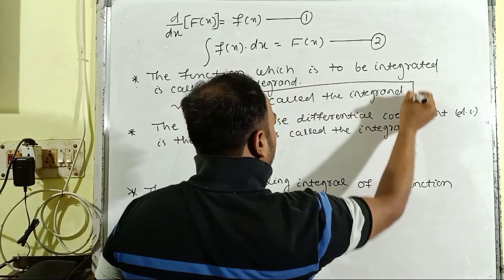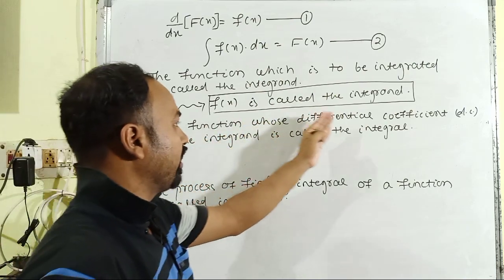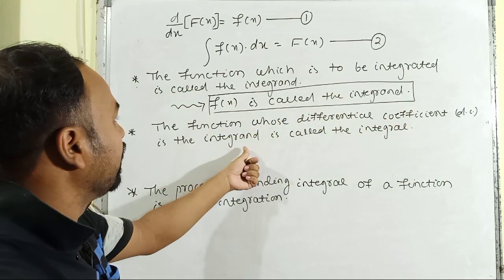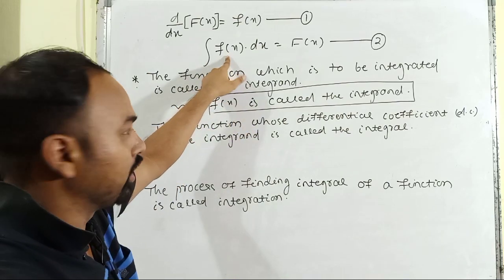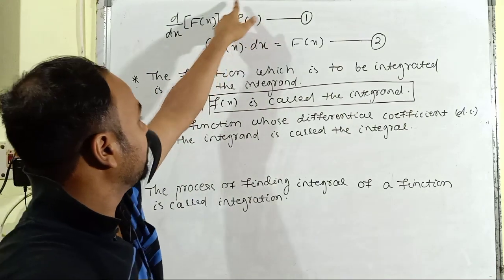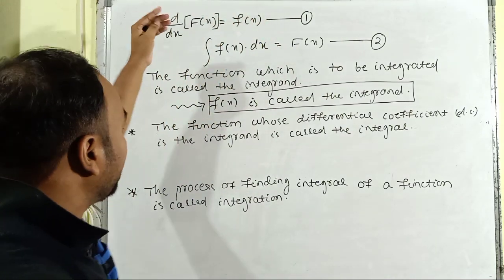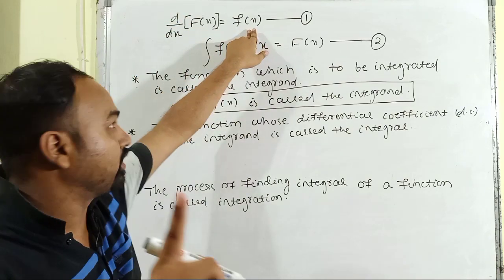Okay. Then let us move to the second fundamental, the function whose differential coefficient is the integrand. Here the integrand is small f of x. So in the differentiation part, on the right hand side, this is the integrand, and the differentiation of capital F of x is small f of x.